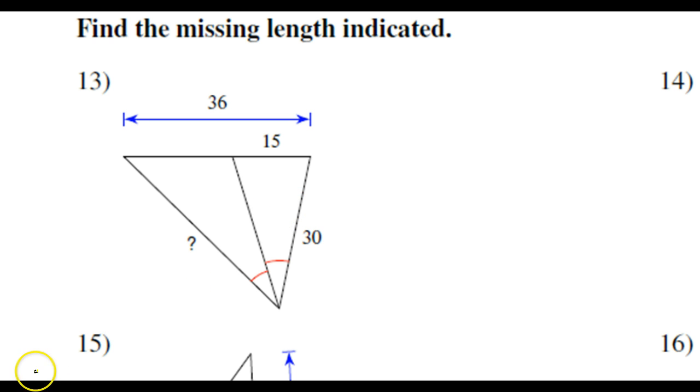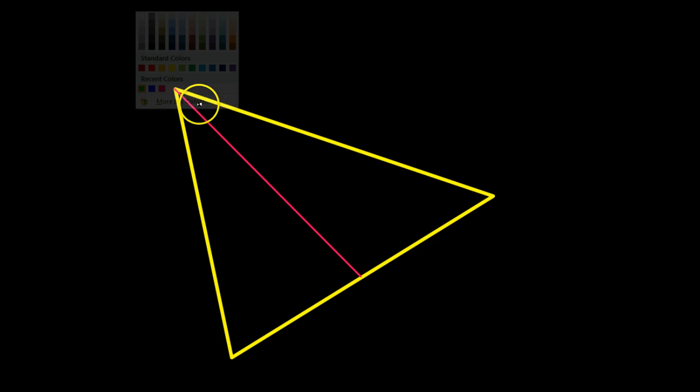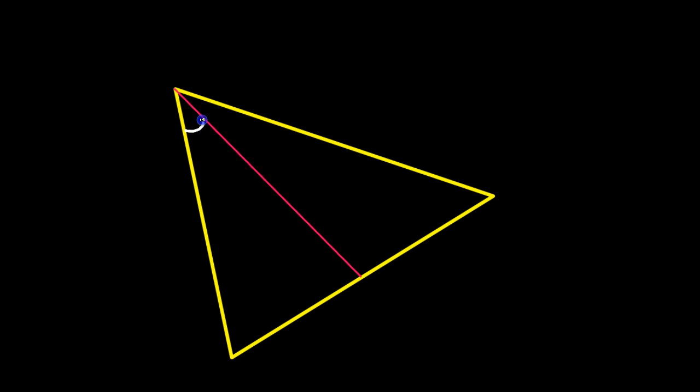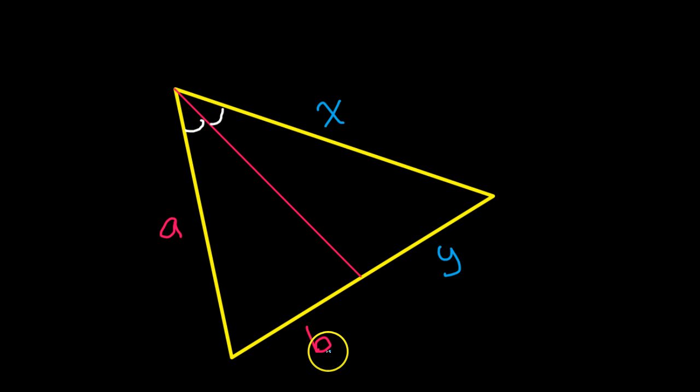So let's head over to the black screen. All right, so let's say you have a triangle and then a segment that is an angle bisector. So that means if this is an angle bisector, then this angle should be congruent to this angle. If that happens, then we have some proportionality. So this pair should be proportional to this pair.